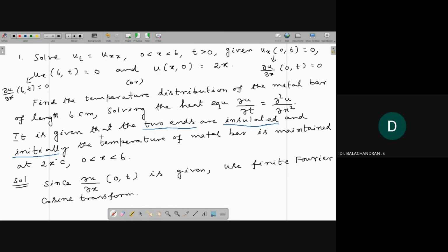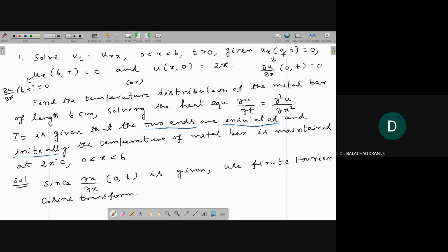It is given that the two ends are insulated. This is the left end and this is the right end. Insulated means dou u by dou x of 0 comma t is equal to 0, and for the other end, dou u by dou x of 6 comma t equal to 0. This is the meaning of the two ends being insulated.